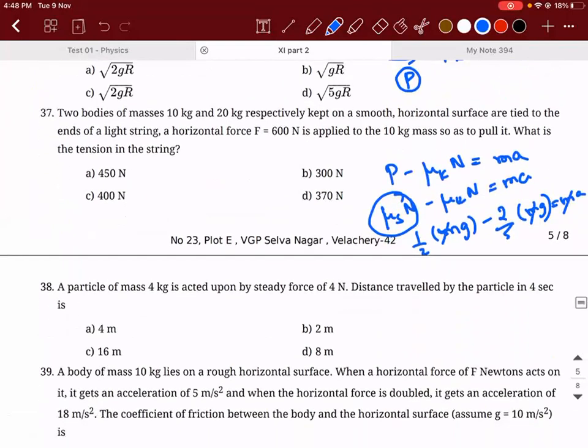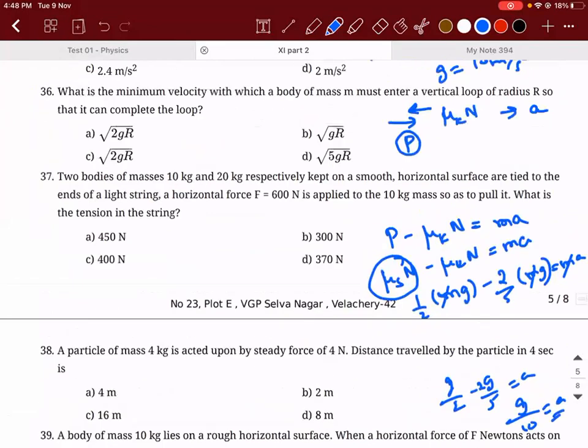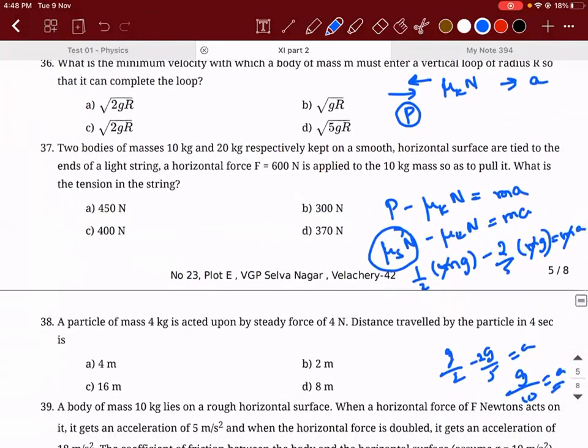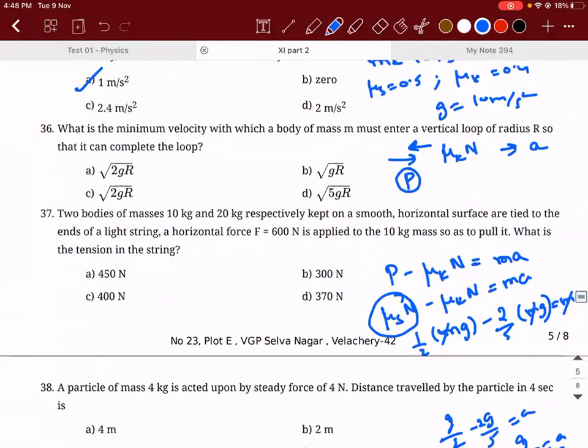So g by 2 minus 2g by 5 is the acceleration, and that gives g by 10. They told us g can be taken as 10, so 10 divided by 10 gives us 1.